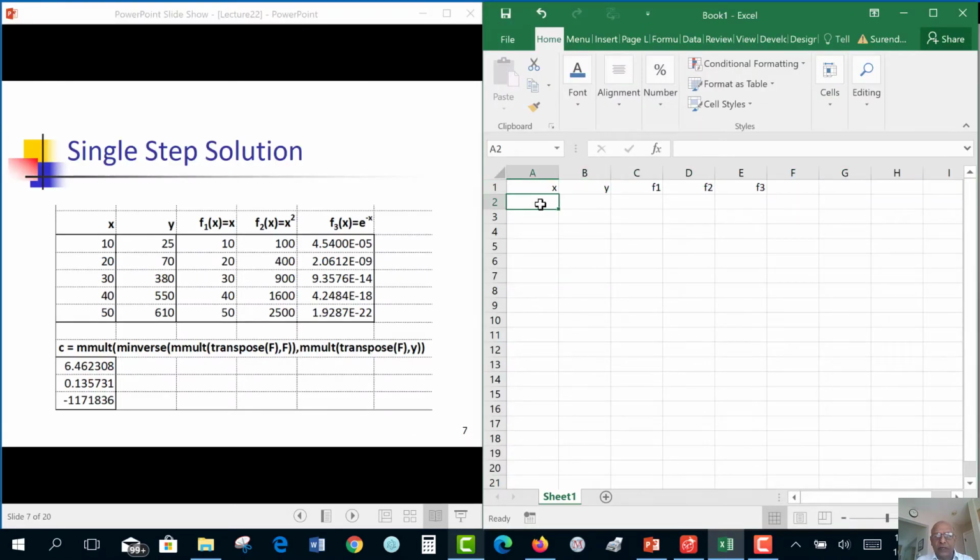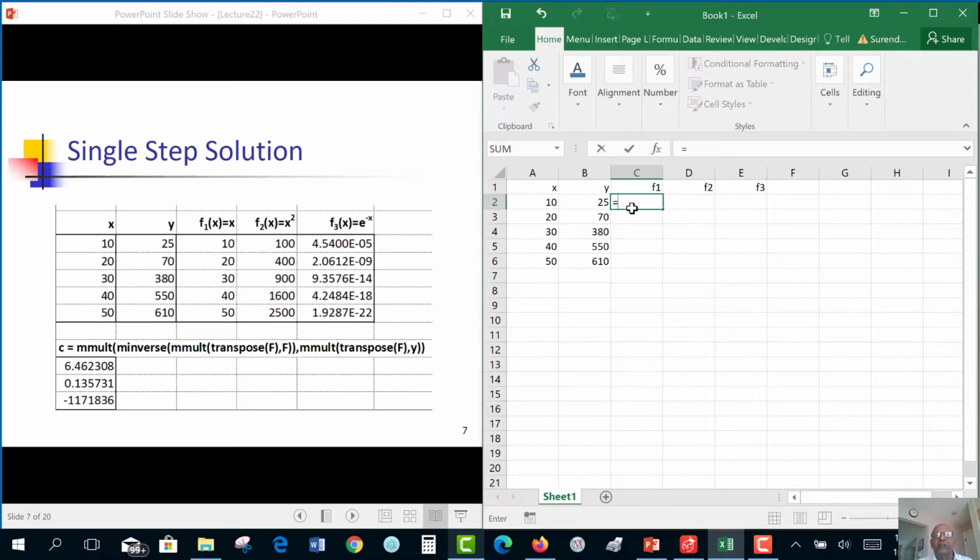Okay, our X values are 10, 20, 30, 40, 50. Y is 25, 70, 380, 550, 610.